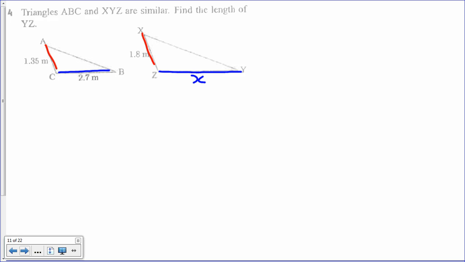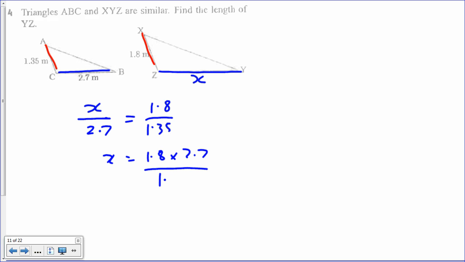I'm going to call that X, so it's going to be X over 2.7 equals 1.8 over 1.35. So X equals 1.8 times 2.7 over 1.35. So that equals, if we do the calculation, 3.6 meters.